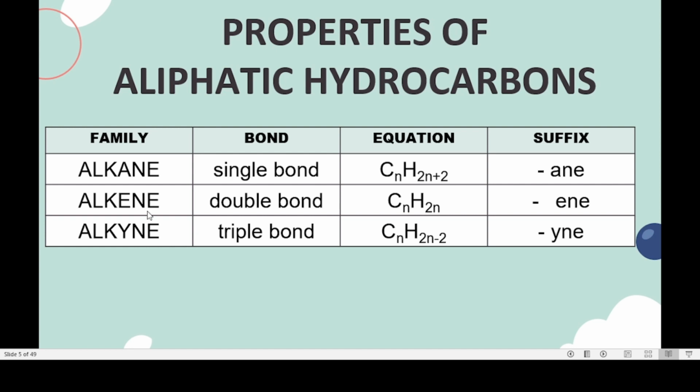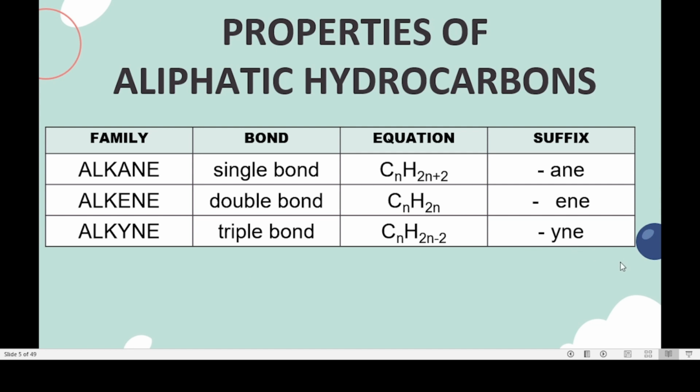For alkene, it has a double bond, the equation is CnH2n, and the suffix will be ene. For the alkynes, it has a triple bond, an equation of CnH2n-2, and the suffix will be yne. You must remember these things to determine what type of aliphatic hydrocarbon it is.